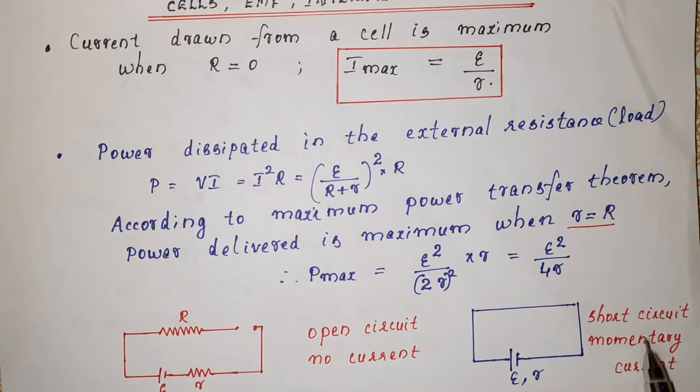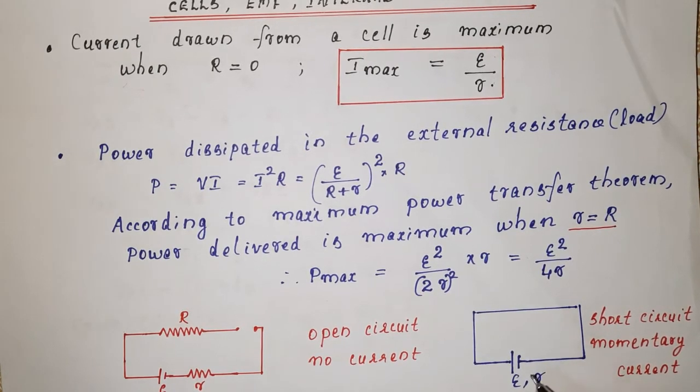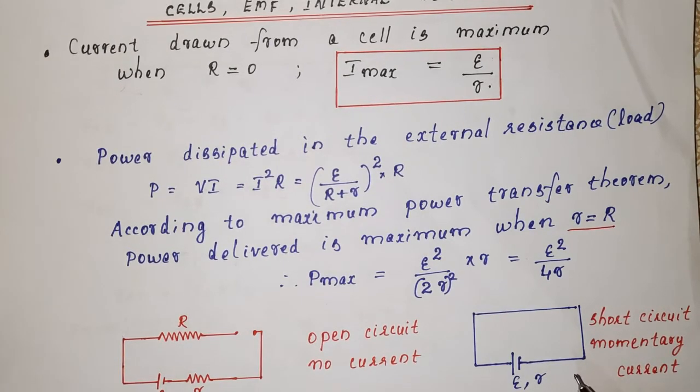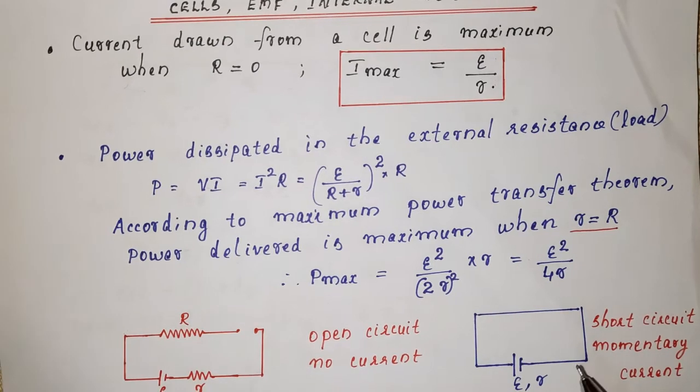And here we have short circuit. That means simply the ends of the cell are connected together with a wire. When a very thick wire is used, its resistance will be very small. In such a case we call it a short circuit.